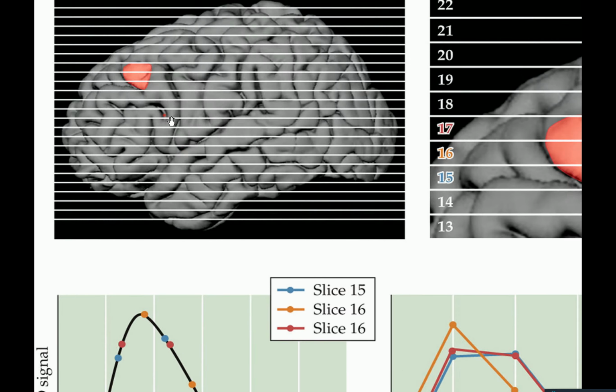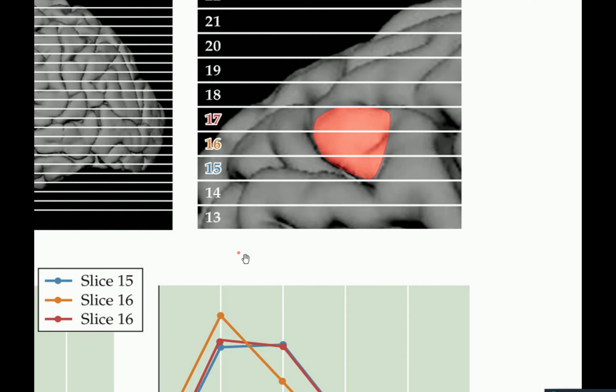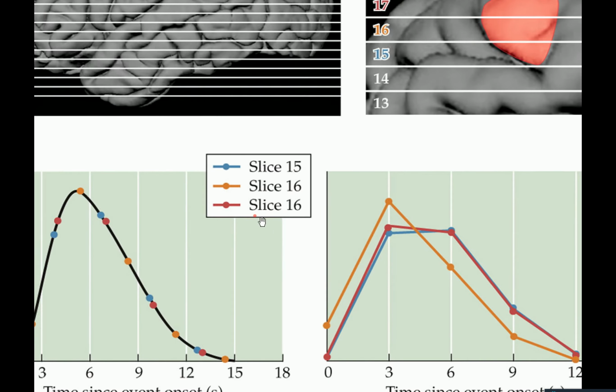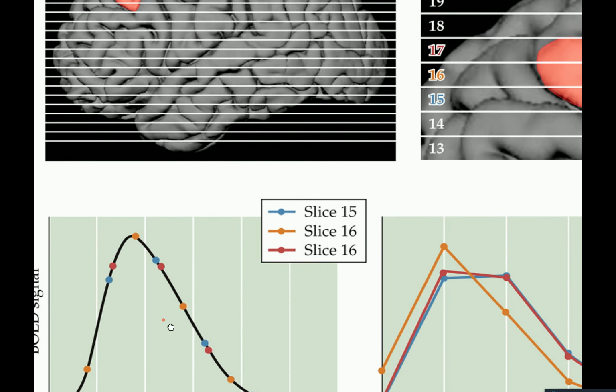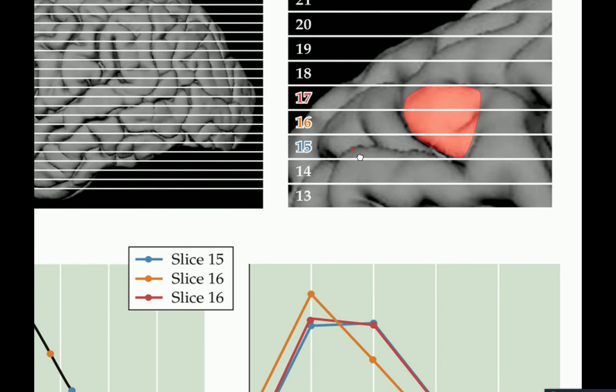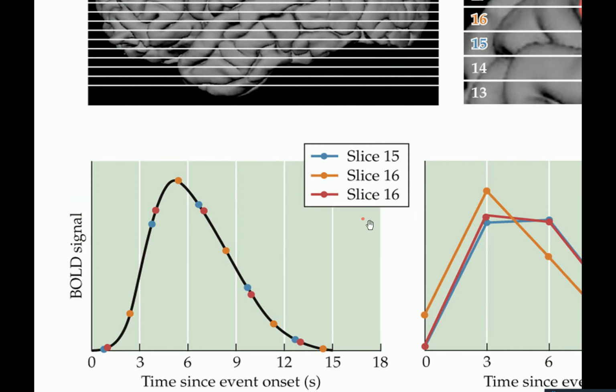In this area here, you have a homogeneous BOLD response, which is this black thing. So it goes up and it goes down again, like the BOLD signal does. And now you acquire this in an interleaved manner, so first 15 and then 17. The 15 is blue and the 17, that is wrong, is red.